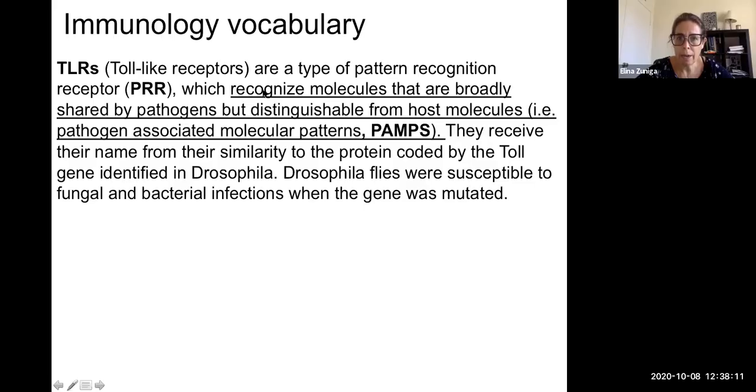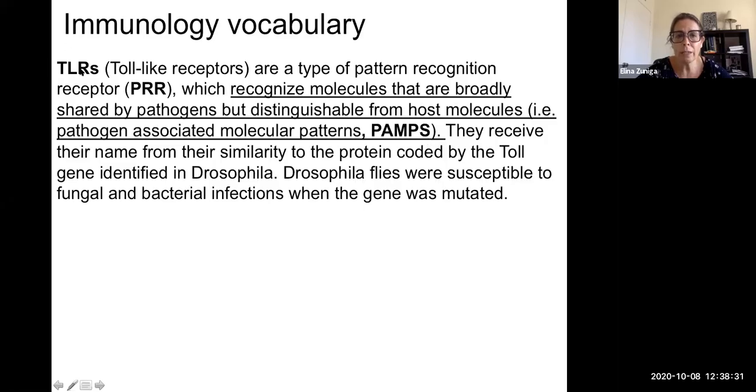These molecules or patterns, shared by a group of pathogens but distinguishable from host molecules, are called pathogen-associated molecular patterns, or PAMPs, as we mentioned in the previous lectures.